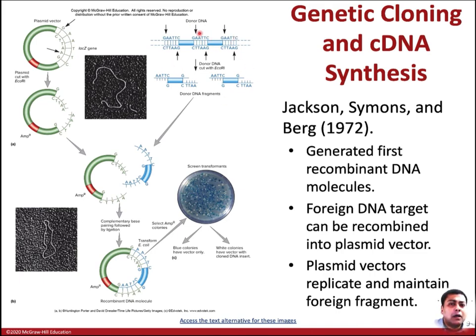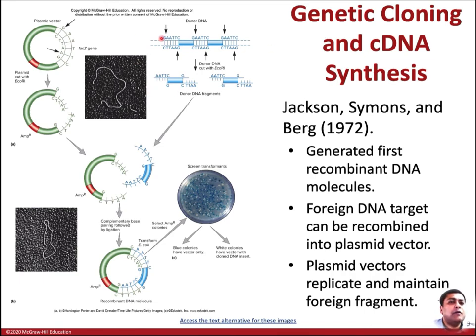So right here, we have what we call a donor DNA. Suppose we are talking about a genome of any animal, it could be yeast, a mouse, a mosquito, a human being, and you want to clone a particular gene area into the plasmid.